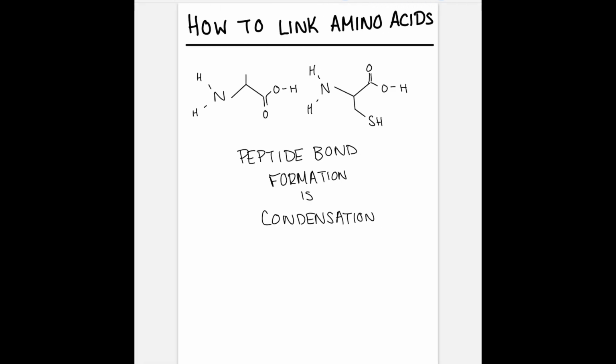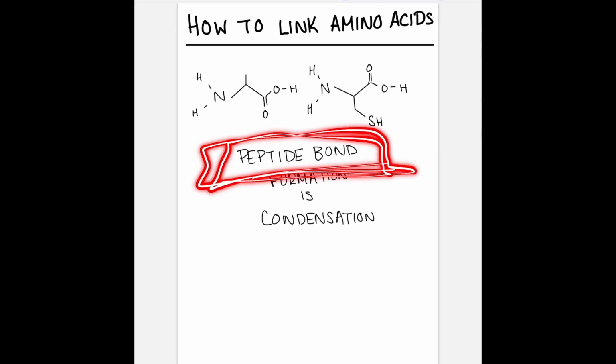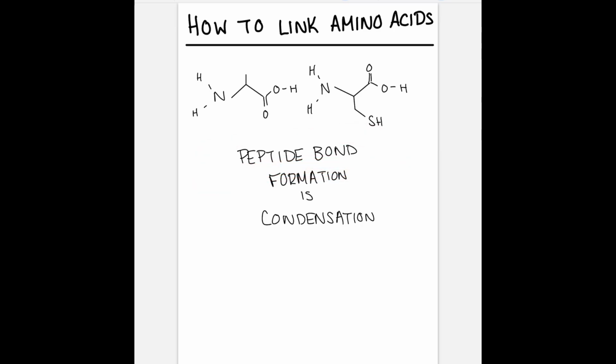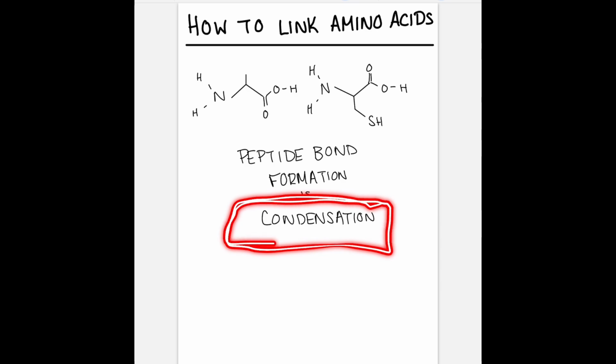All right, moving on to how to link an amino acid. So when we want to link amino acids, we're starting to move into our topic less of just amino acids, more of proteins as a whole. We need to form a peptide bond. So peptide bonds, peptide and protein, right? Peptide bonds are going to link amino acids together, and something you should commit to memory is these peptide bond formation processes are condensation reactions.